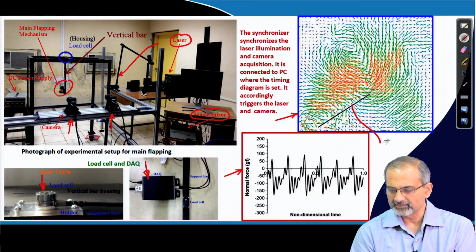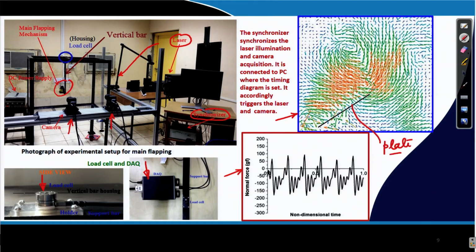So, you can now see this plate, the instantaneous location of the plate is indicated by that dark line, and you can figure out the velocity vectors here, which indicate the vortex dominated flow around the plate. The coloring that is done is based on the velocity magnitudes which exist. The red color region essentially indicates higher velocity magnitudes, and the next higher in strength is the green color, etc.